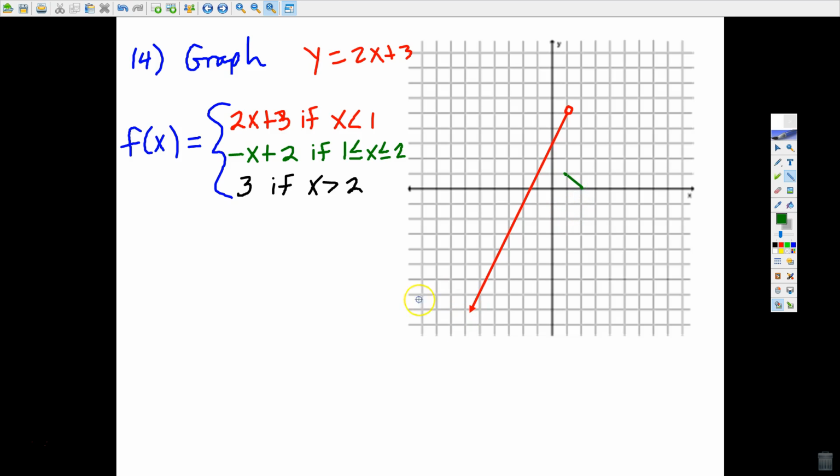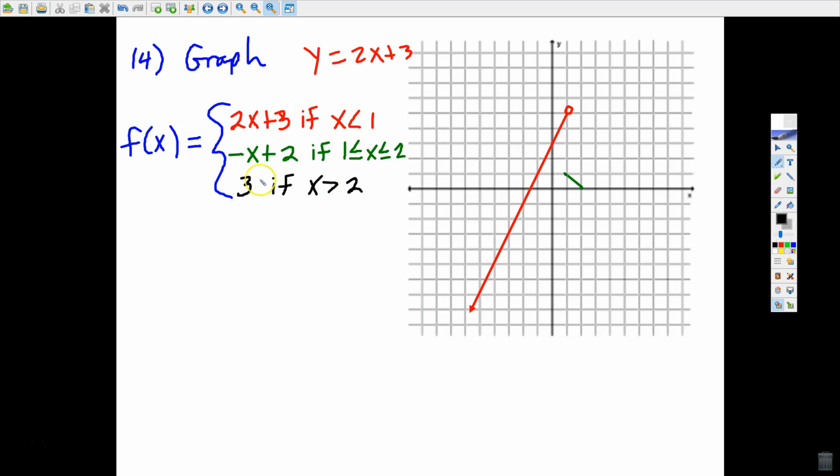All right, any questions? Feeling pretty good? Okay, Jackson, help me out with the line y equals 3. What's that look like? Horizontal?